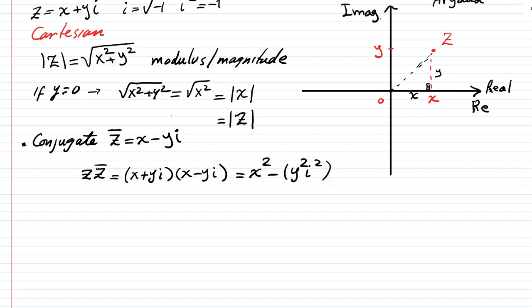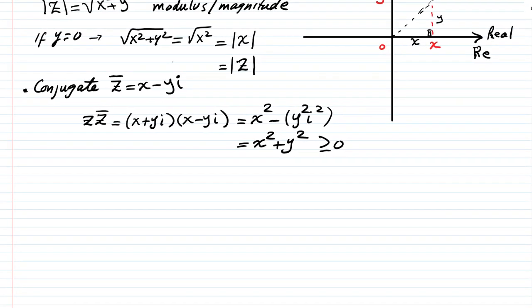And we know i squared is -1, and hence we get x squared plus y squared, which is real, right? It's going to be at least 0. And this is going to be the absolute value of z quantity squared, right? So another way to think of it is that the magnitude of a complex number is simply the square root of z times z prime. I'm not z prime, but z bar, sorry.